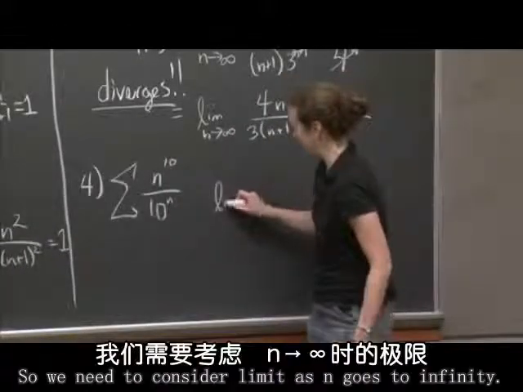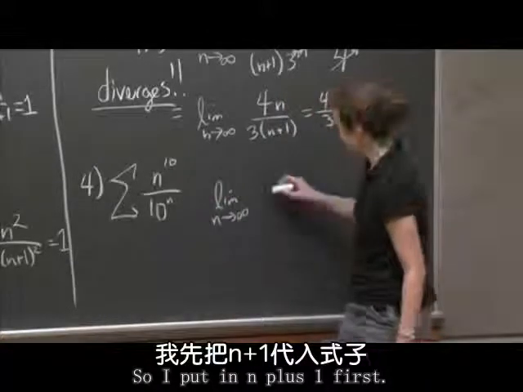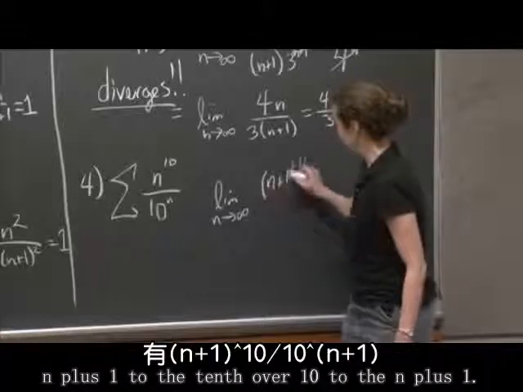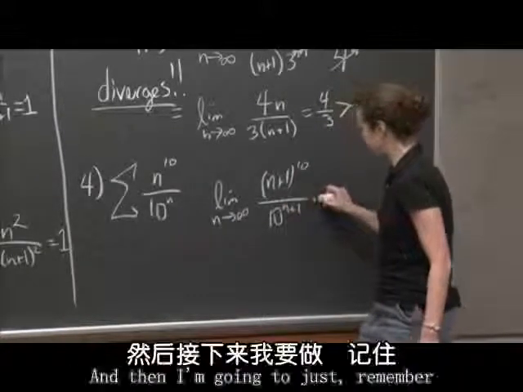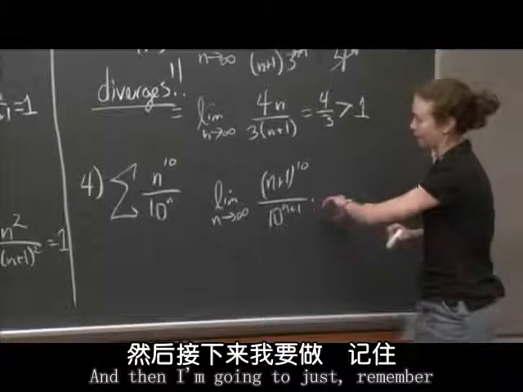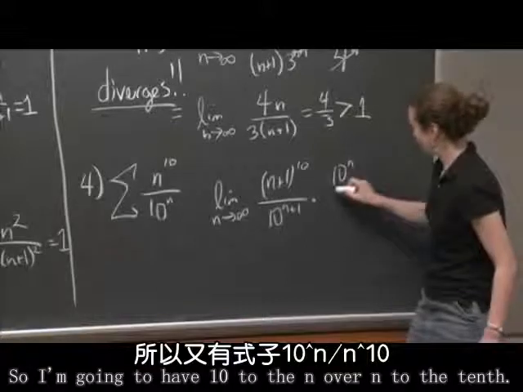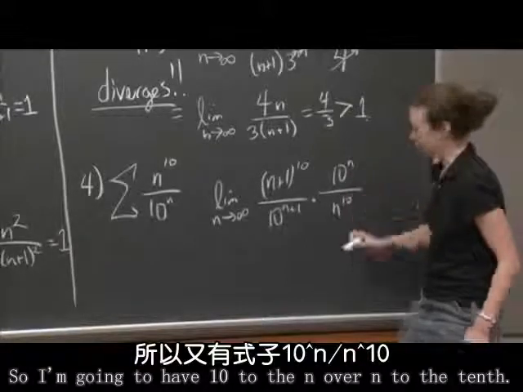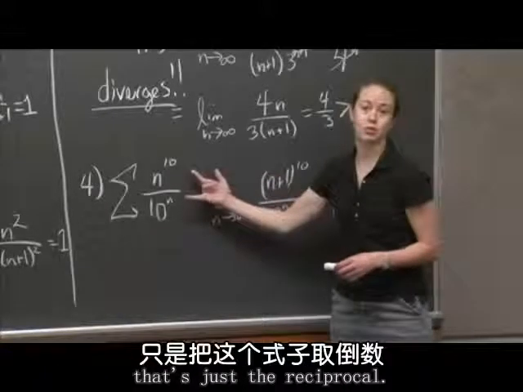So we need to consider the limit as n goes to infinity. So I put in n plus 1 first, n plus 1 to the 10th over 10 to the n plus 1. And then I'm going to just, remember, do times 1 over a sub n. So I'm going to have 10 to the n over n to the 10th. So again, I took a sub n, I did 1 over that, that's just the reciprocal.